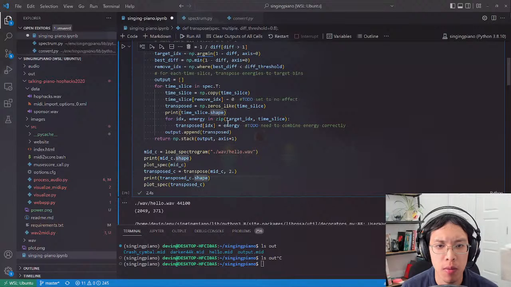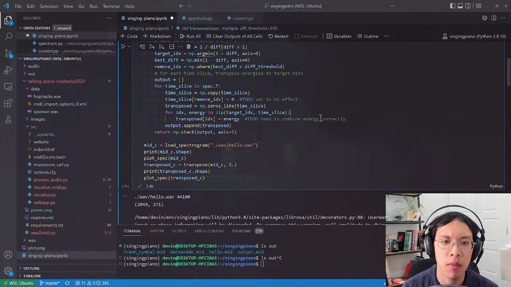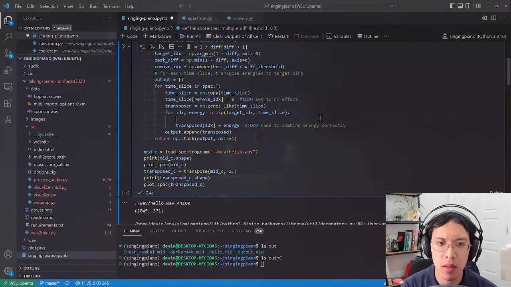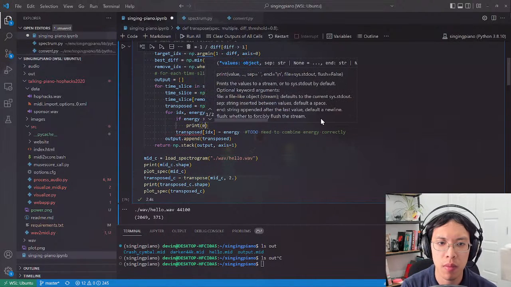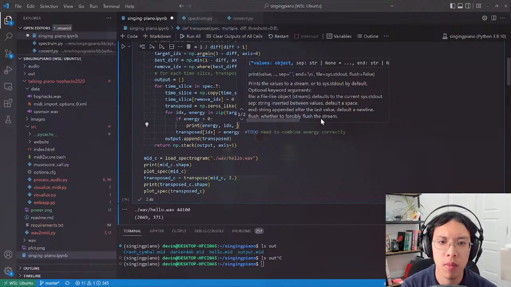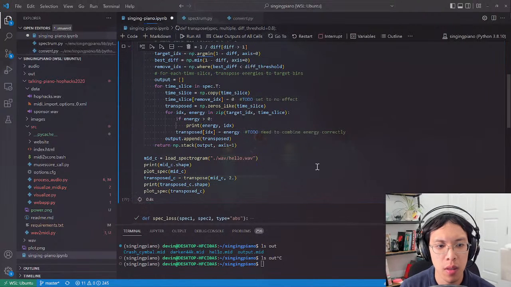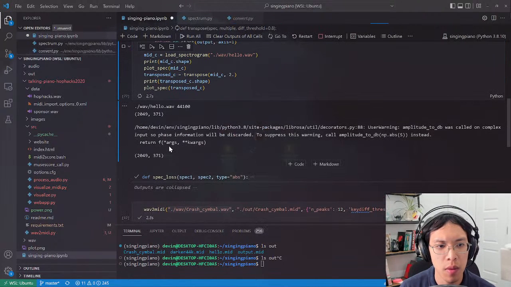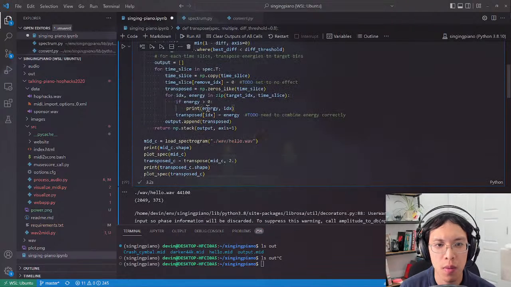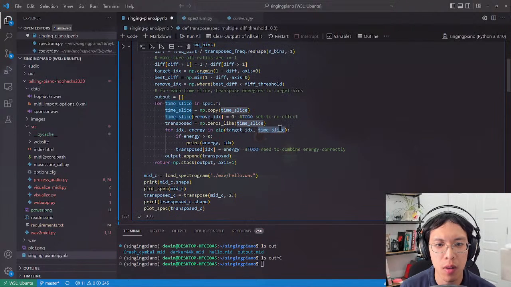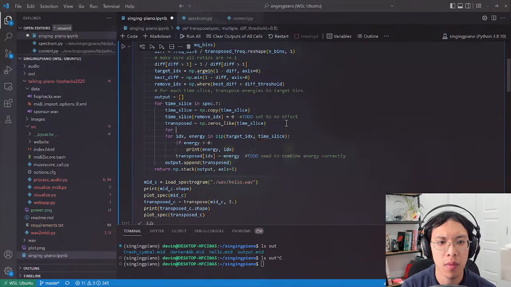This should be the same shape. I'm really curious, does energy ever go to non-zero? The answer is no. So somehow when I'm iterating over this, I'm not getting any non-zero values.